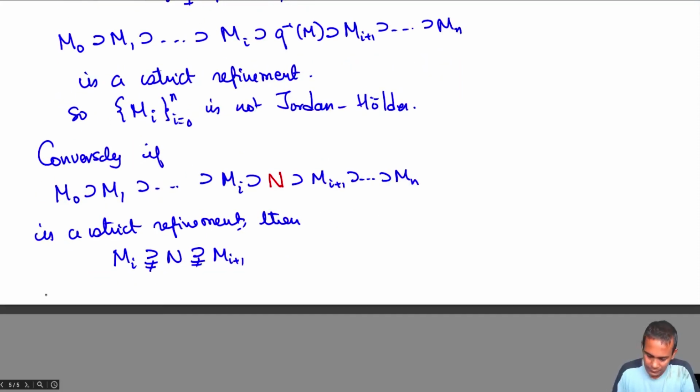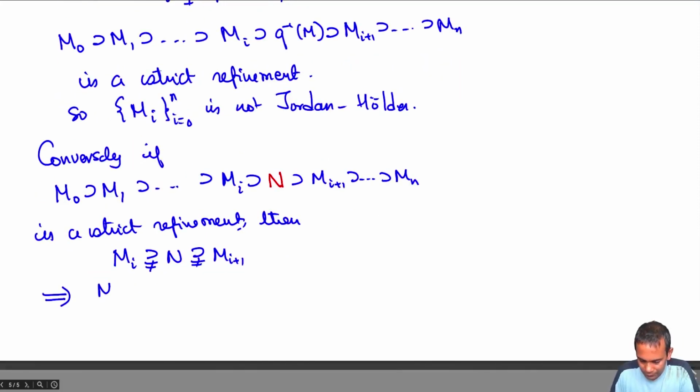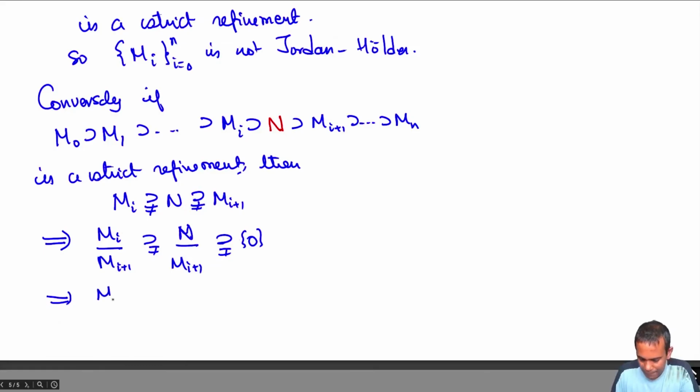Which implies that if you look at M_i mod M_{i+1}, this strictly contains N mod M_{i+1}, and that strictly contains 0, which means that M_i mod M_{i+1} is not simple. So this shows that if all the quotients are simple, then you cannot further refine a composition series.